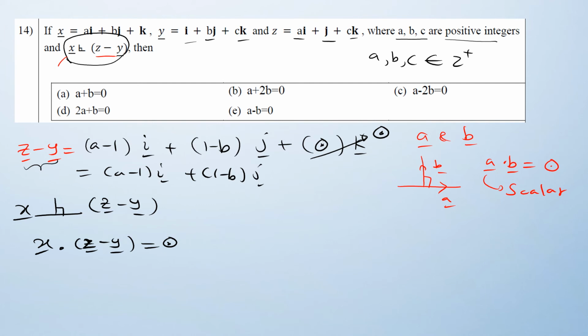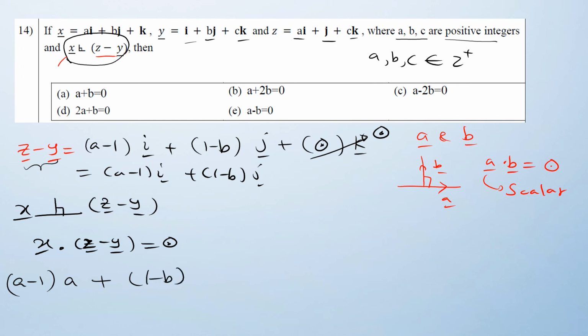So we multiply the i component of x with the i component of z minus y. So we have a minus 1 times a, that is the i component in x, plus 1 minus b for z minus y.